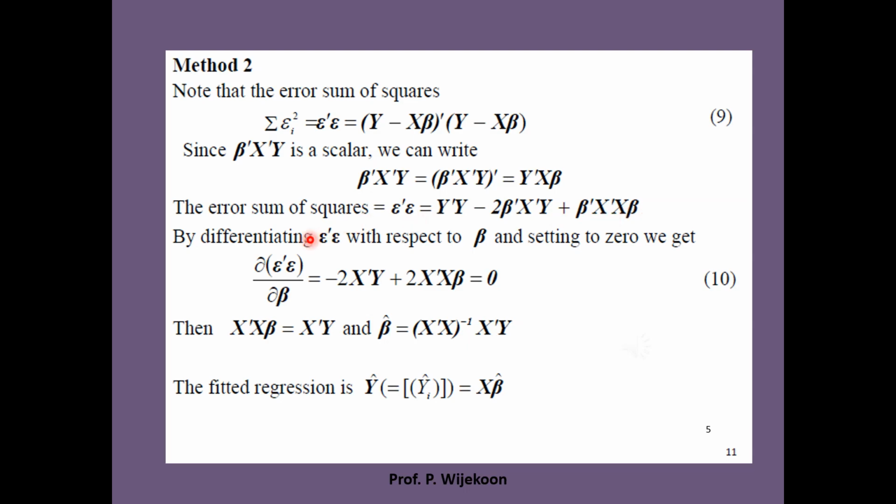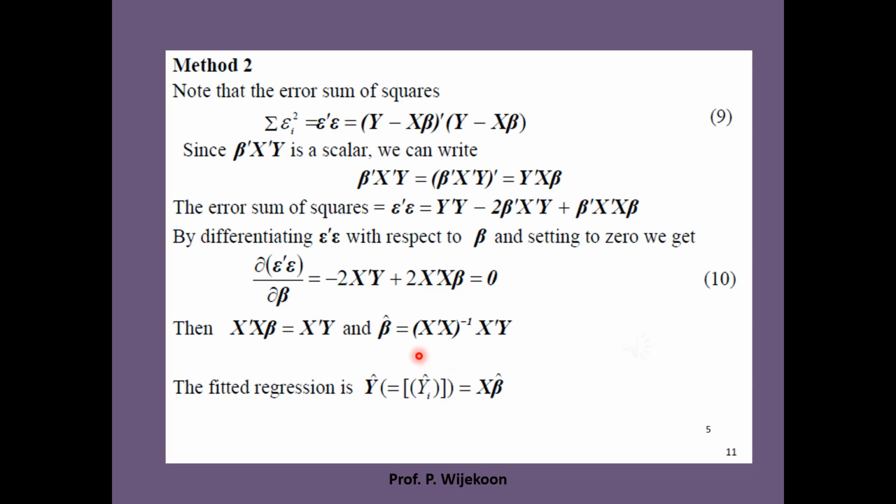By differentiating this error sum of squares with respect to beta and equating to 0, we can obtain the result in equation 10. That implies X'X beta equals X'y, which is called the normal equation. From the normal equation, we derive the estimated value of beta, which is beta hat, and is equal to (X'X) inverse X'y.